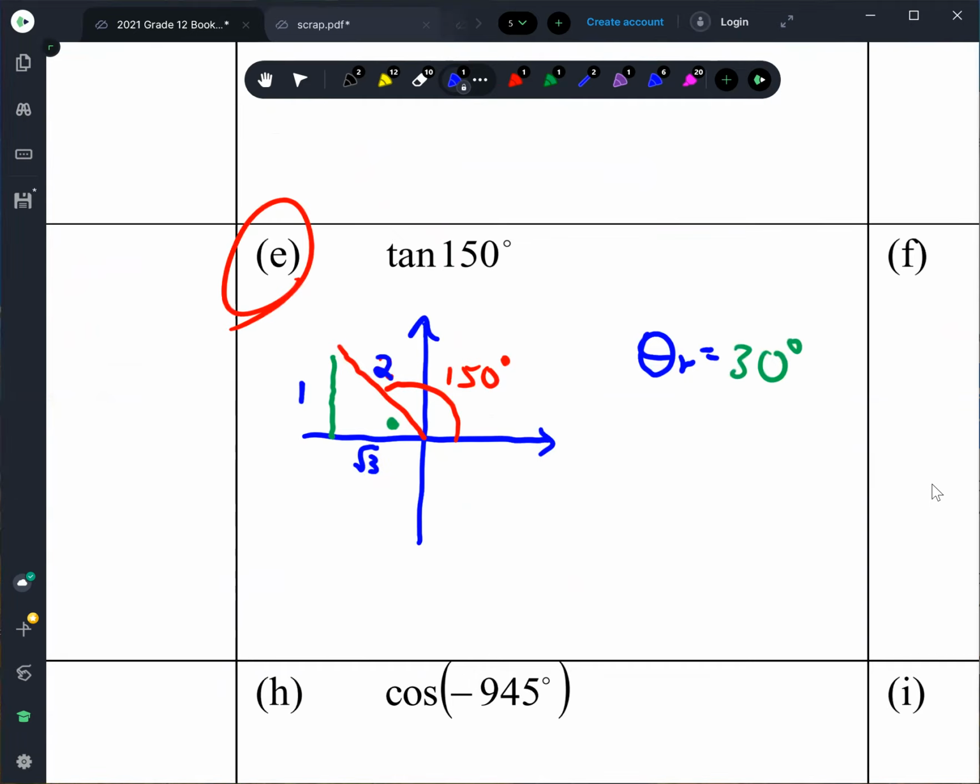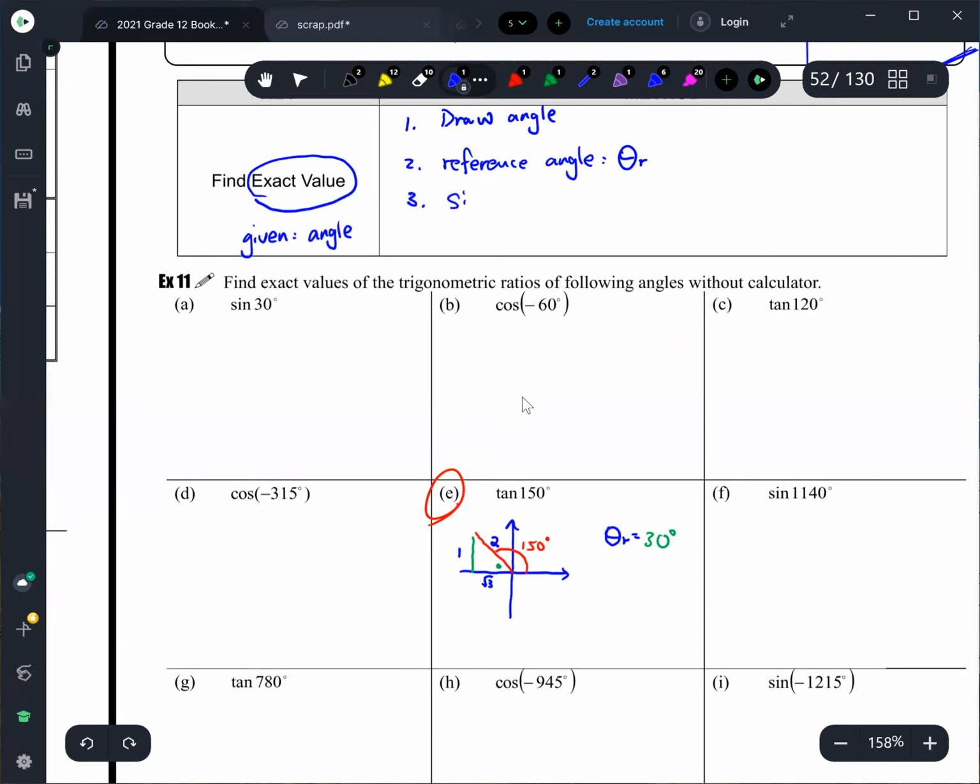So your step 3 is called side ratio. You fill in your sides. If you understand everything up to here so far, raise your hand.